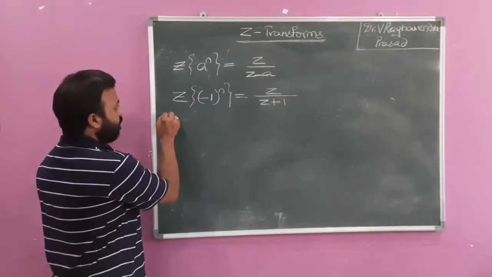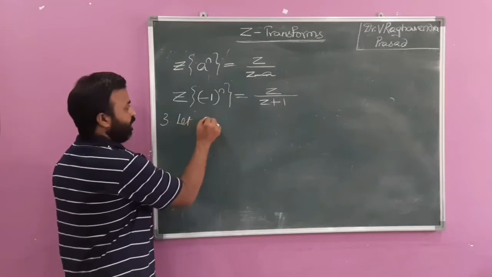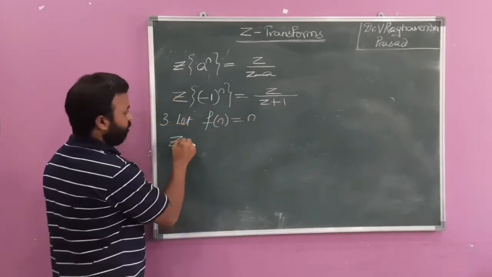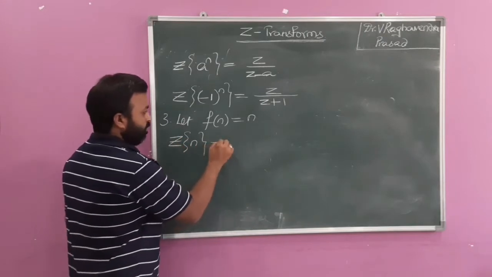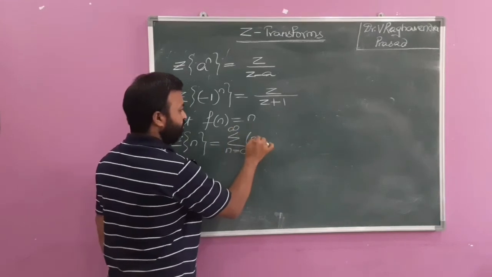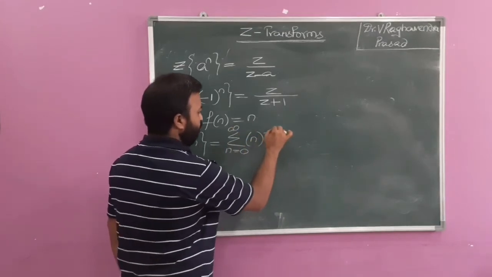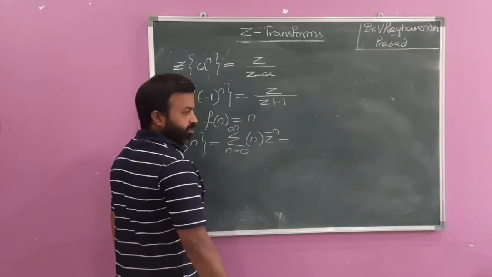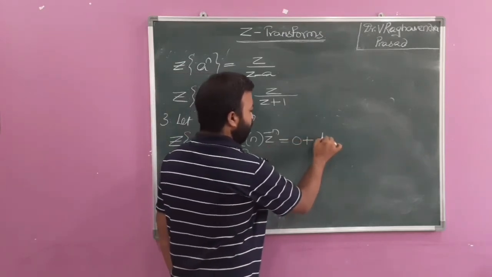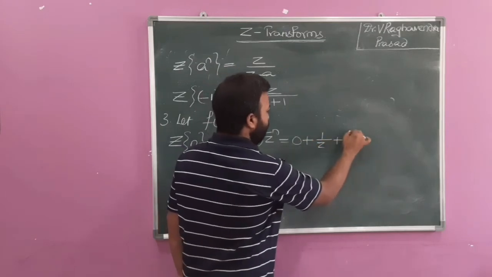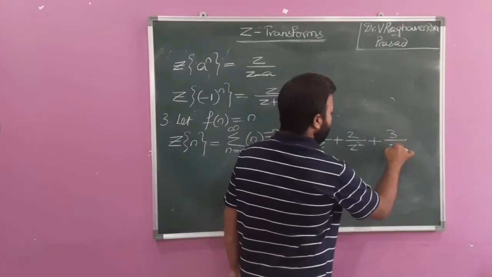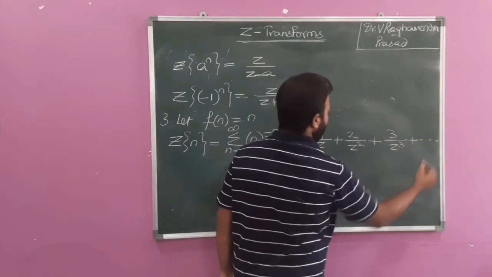And next one, let f of n equal to n, then the Z transform of n. By definition, sigma n equal to 0 to infinity f of n, defined as n here, into z power minus n. Expanding the summation, n equal to 0 we have 0, n equal to 1, 1 by z, n equal to 2, 2 by z square, n equal to 3, 3 by z cube, plus and so on.